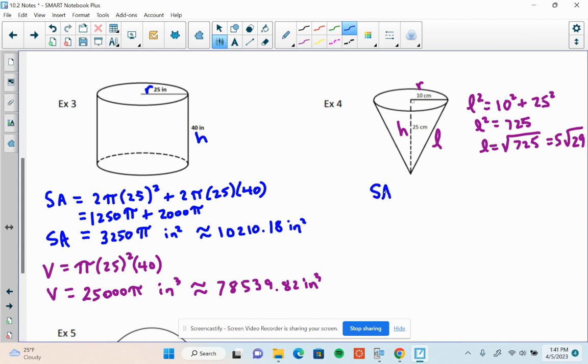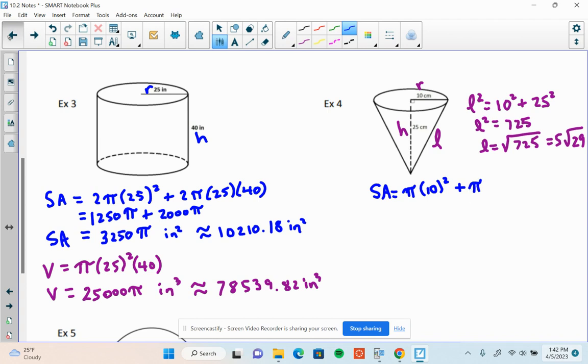Surface area of the cone. It's going to be pi r squared. So pi times 10 squared plus the lateral surface area. What is the lateral surface area? Pi times r times L. So we'll do pi.